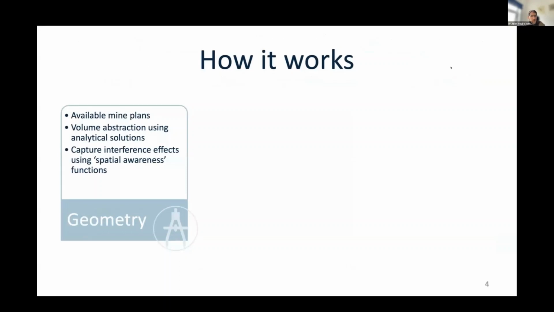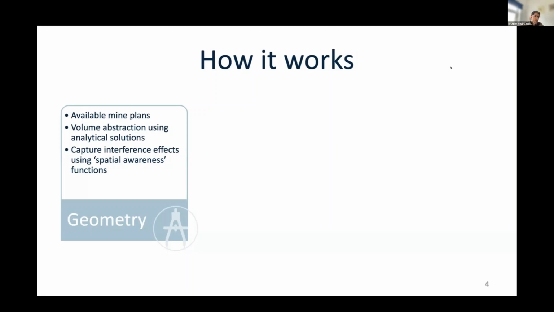Basically, the first thing we look at is to think of the problem from a geometrical point of view. As I mentioned, we start by digitizing available mine plans to create an approximate map of the high permeability pathways that will connect our injection and our abstraction borehole.